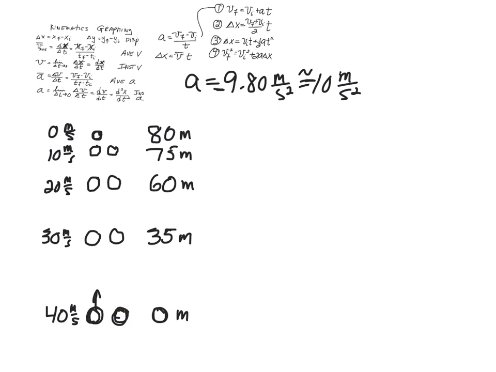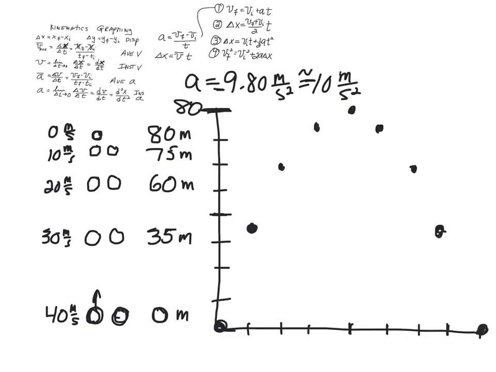Okay, so use these numbers to graph position versus time and velocity versus time. Do that on a piece of paper, draw it large, and sketch the position versus time and the velocity versus time graphs for this motion. Okay, I hope you did that.